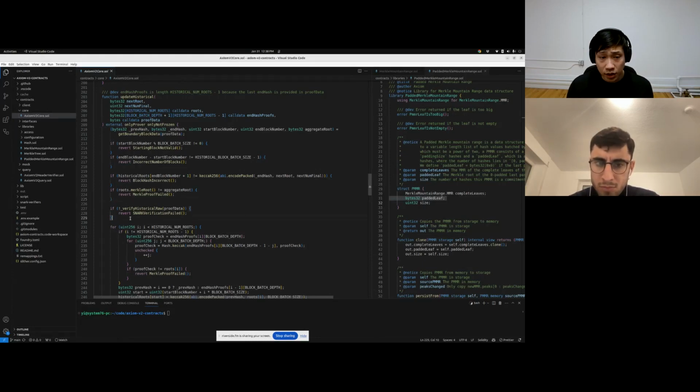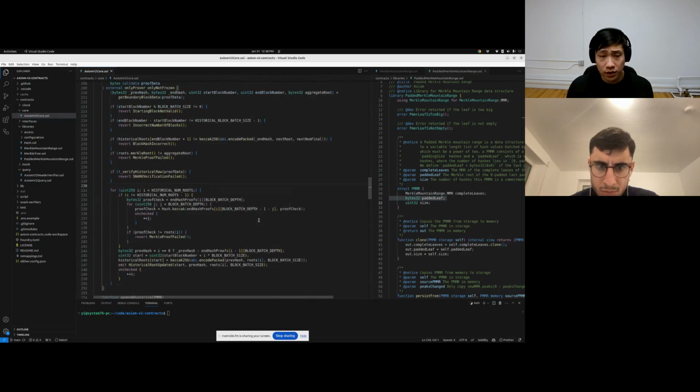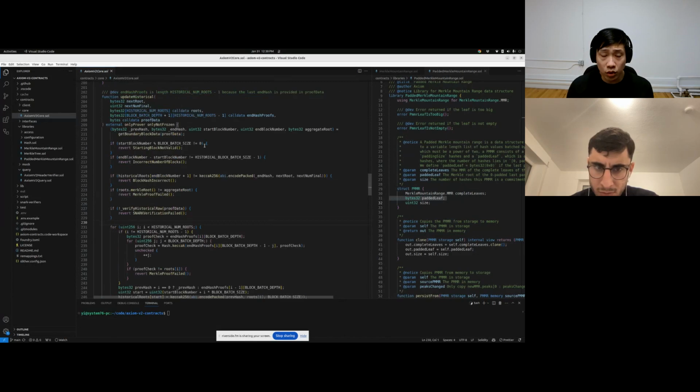We check that, and we also check that this ZKP actually verifies on-chain. Once we've passed all these validation steps, what we've validated is that we have a zero knowledge proof that establishes there is a string of block headers between start block number and end block number that have a previous hash and end hash as claimed, and whose aggregate Merkle root is actually equal to the Merkle root of these individual 1024 block chunk Merkle roots.